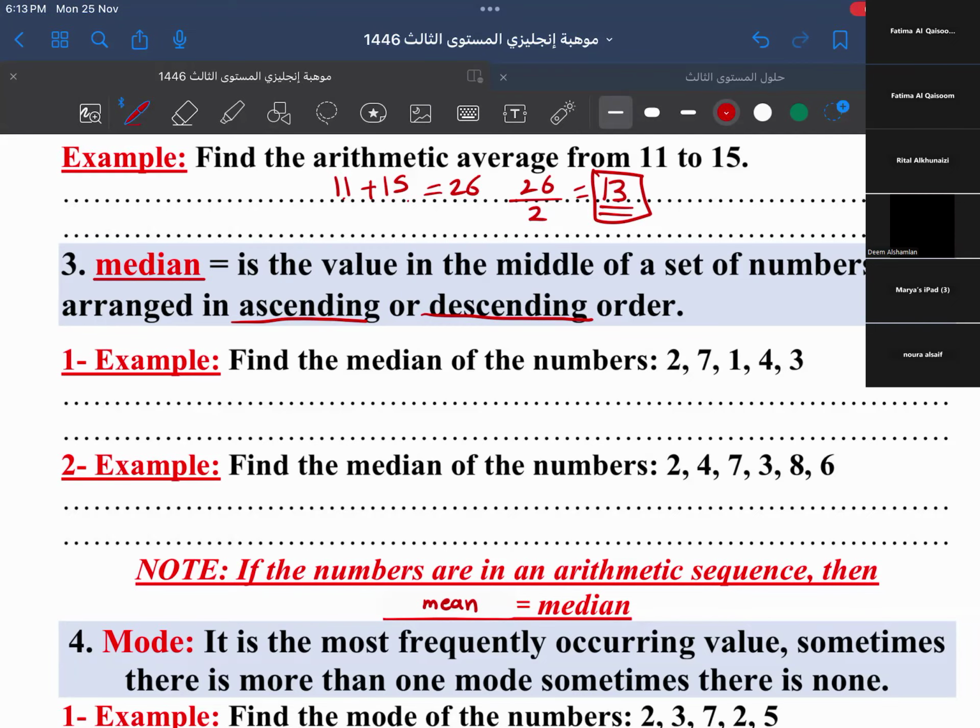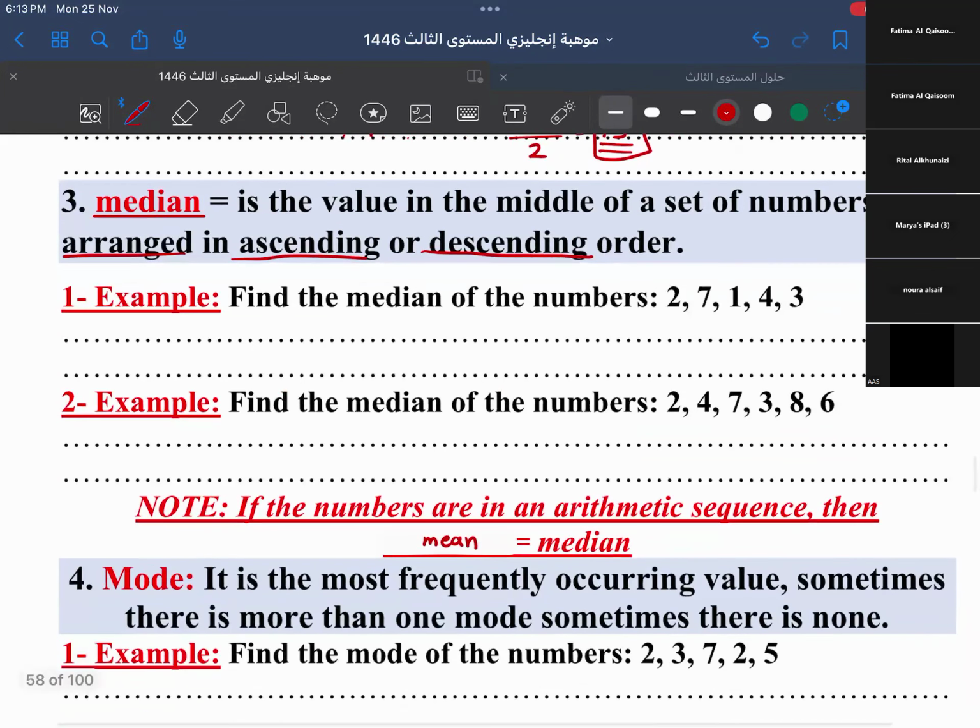Can you do this question? Is it 7? Yeah, so first we need to arrange it in ascending or descending order. So we're starting from the smallest till the largest. So let's arrange them first. So what will the sequence be? 1, 2, 3, 4, 7.